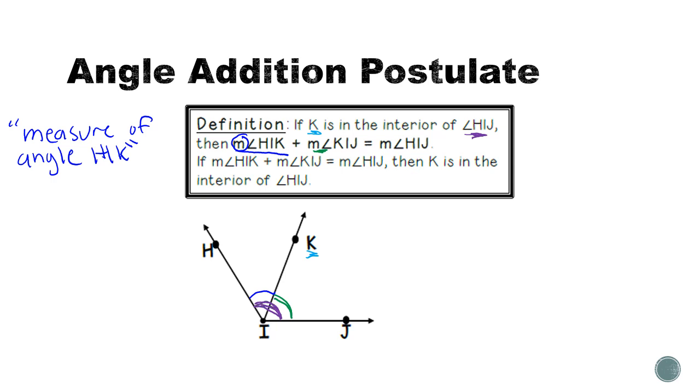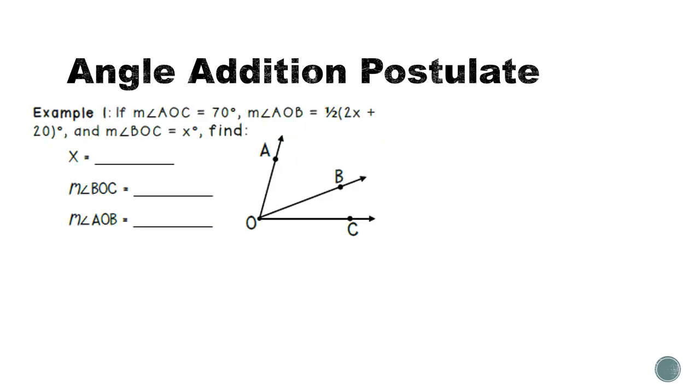It's just like the segment addition postulate, where part plus part equals whole. The opposite is also true. If HIK plus KIJ equals HIJ, then K is in the interior of the large angle. Essentially, we're proving it backwards.